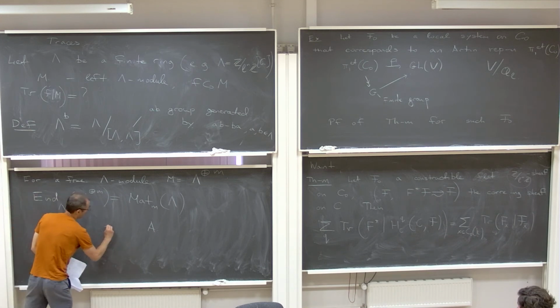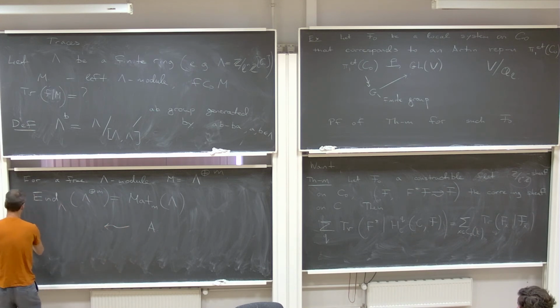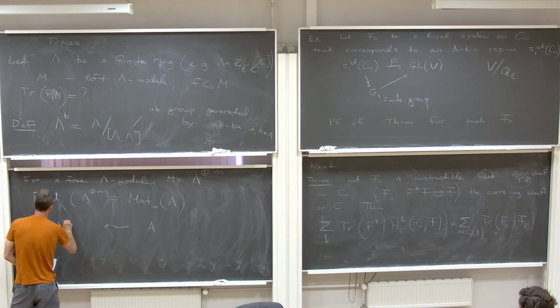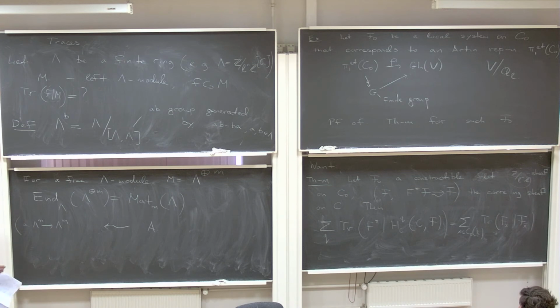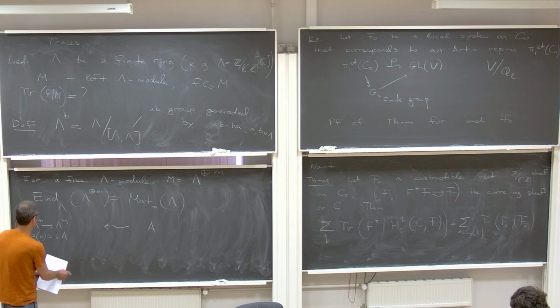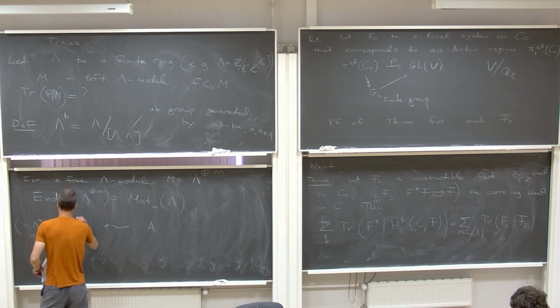It corresponds to an endomorphism A, which is mapped from here to here, which commutes with left action of lambda, and A of v is equal to vA. I need to use right multiplication because my endomorphism must commute with left action of lambda, right? So there is a bijection between these sets.